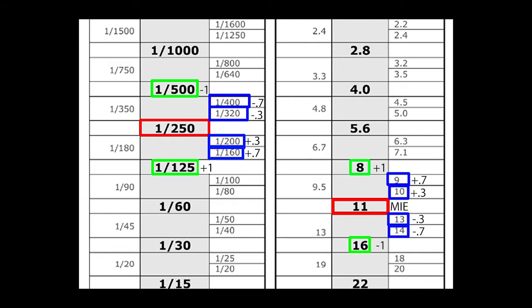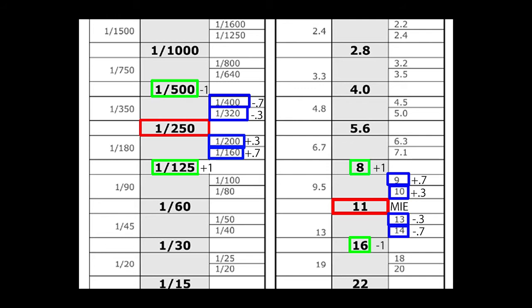So 1/500th of a second is 1 full stop darker than a 250th. 1/125th of a second is 1 stop brighter, or +1. 1/320 is -0.3, 1/400th is -0.7, 1/200th is +0.3, and 1/160 is +0.7. We use all of those to take a picture of the same scene in the same lighting condition and leaving the aperture at f11 to bracket with the shutter.